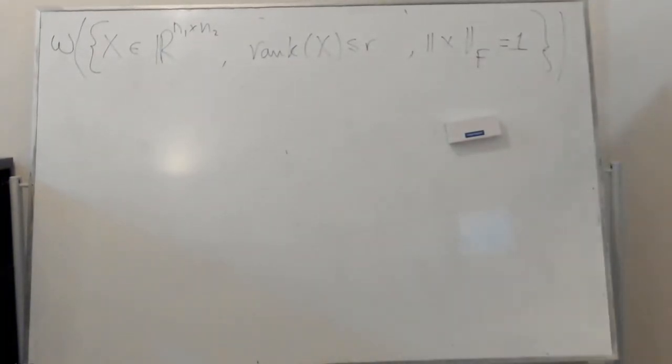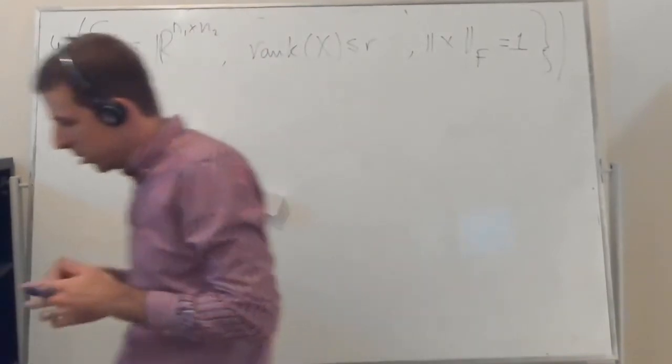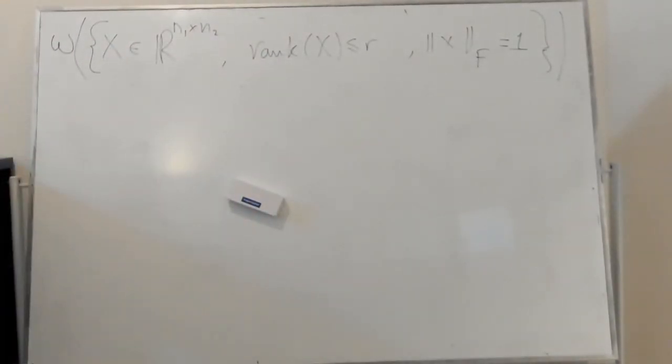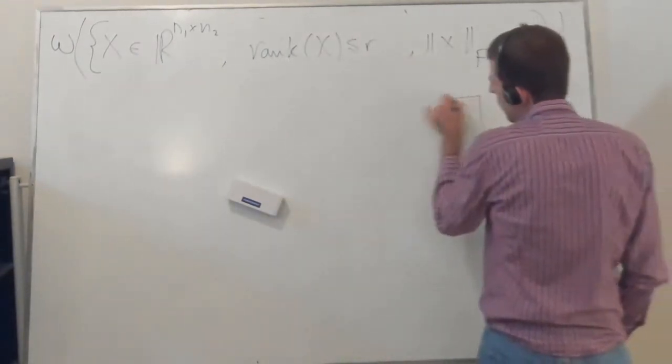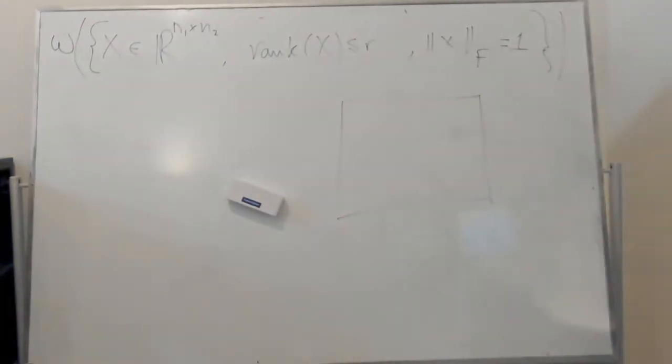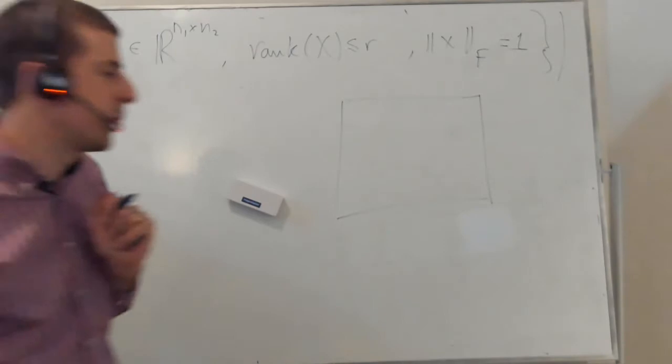Why? One interesting motivation for this comes from matrix completion and recommendation systems. This was popular during the so-called Netflix prize, in which Netflix made a challenge to come up with algorithms to do this.